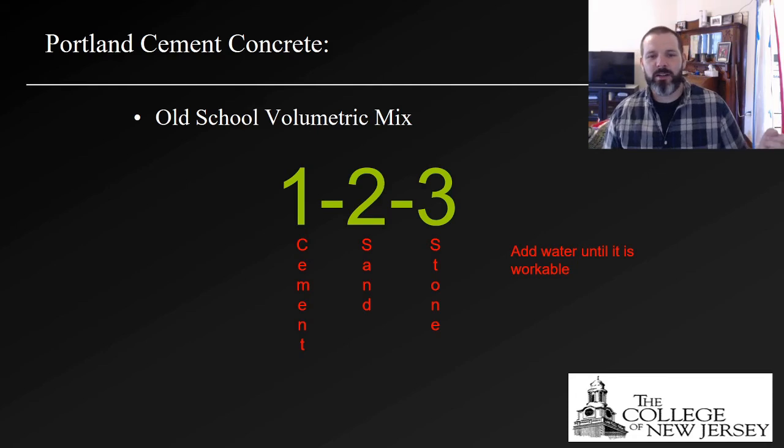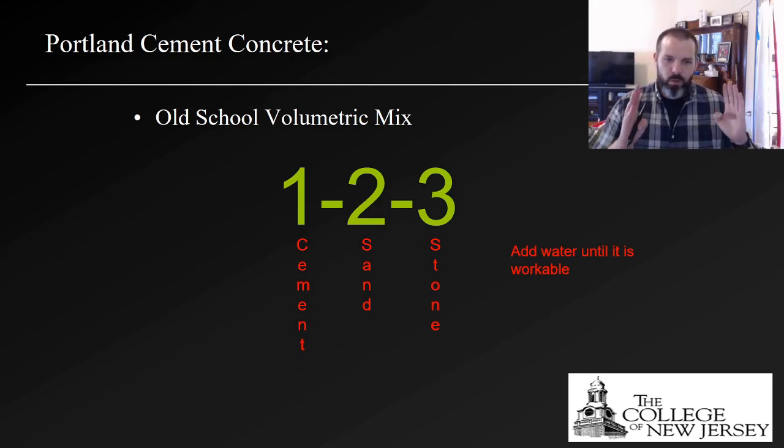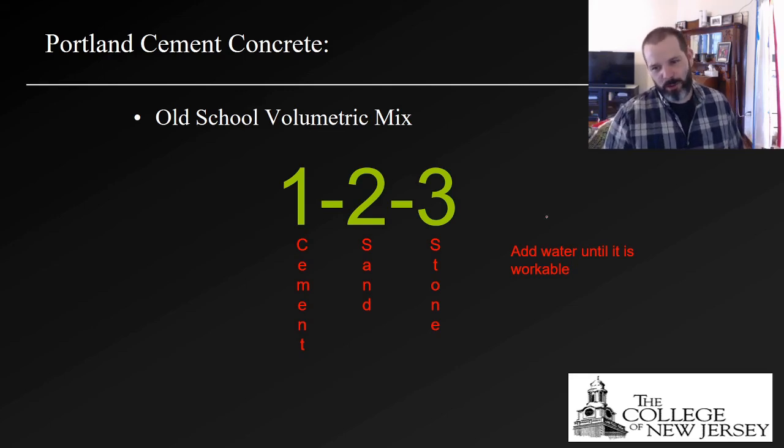The simplest of these is the old school 1, 2, 3 mix, where you add by volume 1 increment of cement to 2 increments of sand to 3 increments of stone, and then you add water until it is workable.